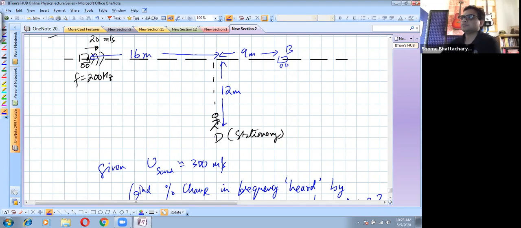Just try this out. Assume the source is moving at a constant speed along a straight line.